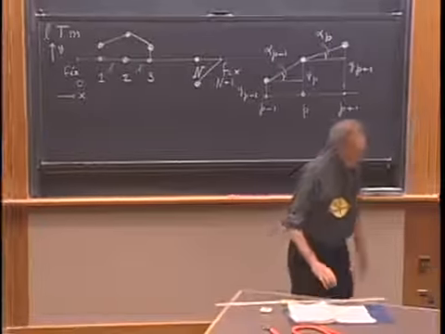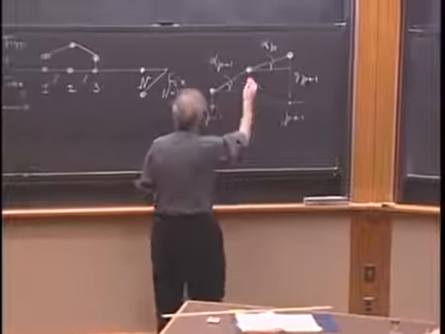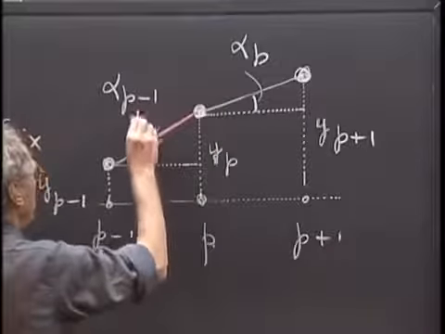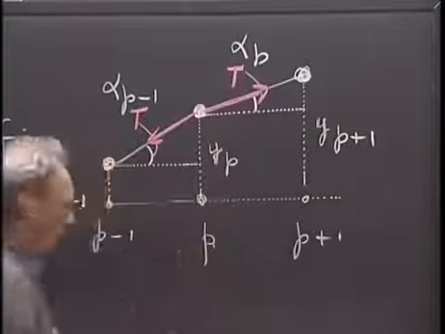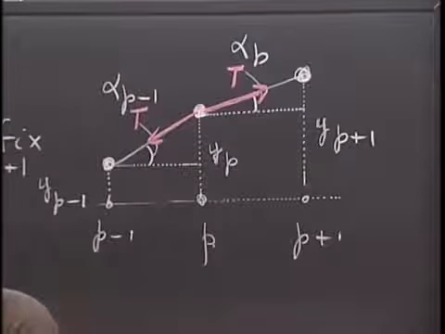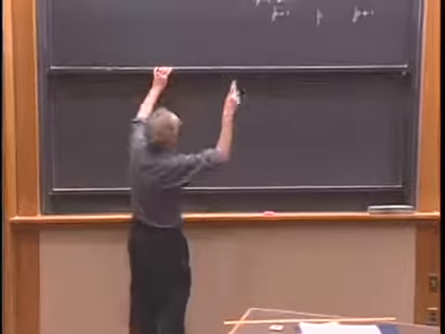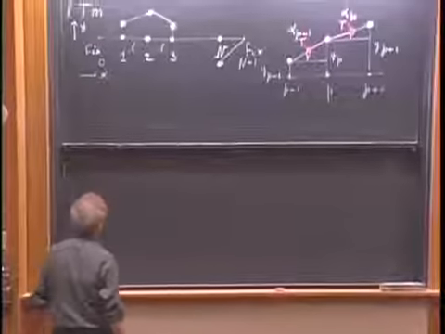So, the tension is going to act on that point p, on this little mass m, in this direction, and there is a tension in this direction, and we will assume that these tensions are the same, for reasons that I mentioned.